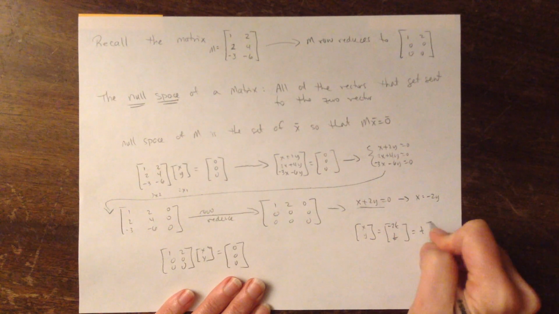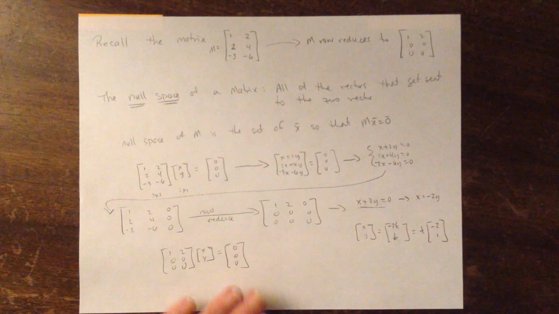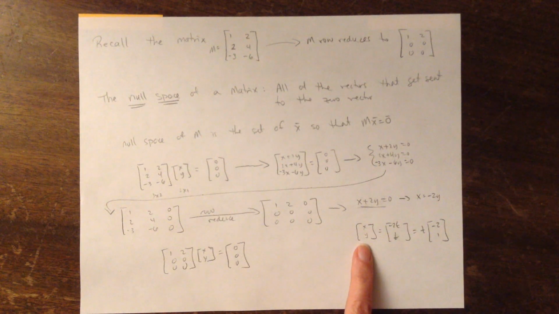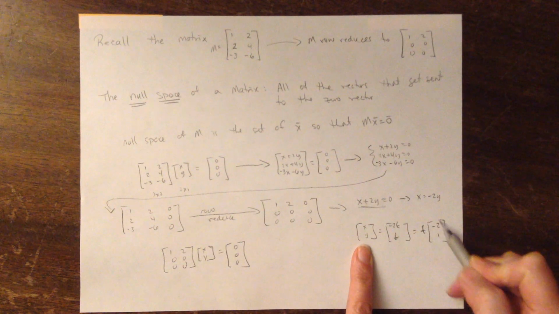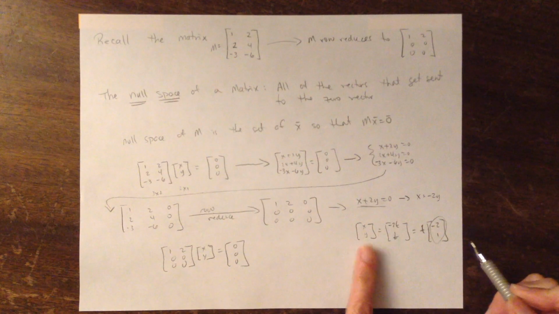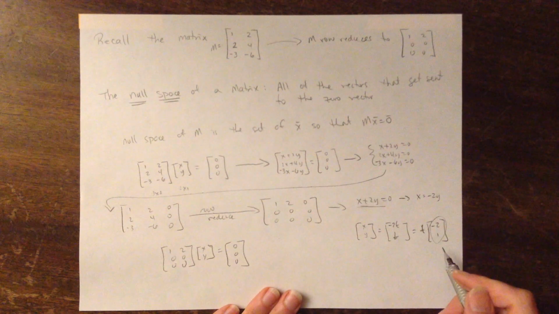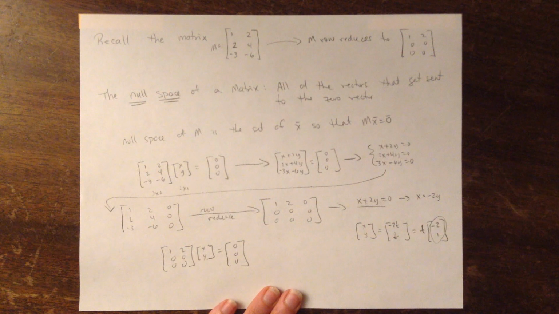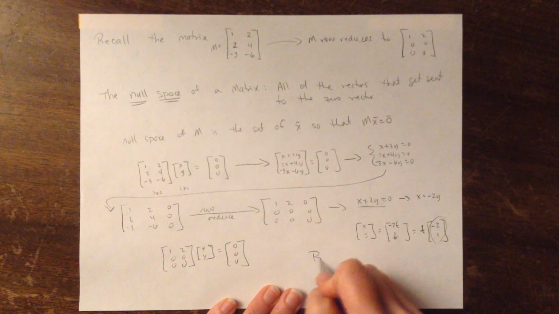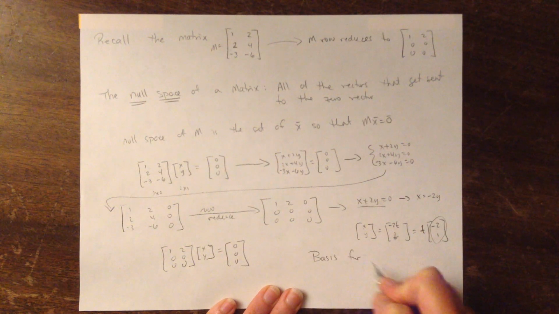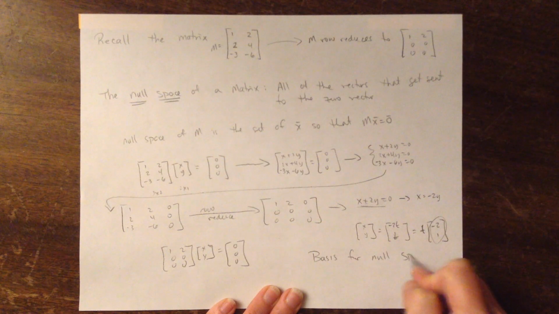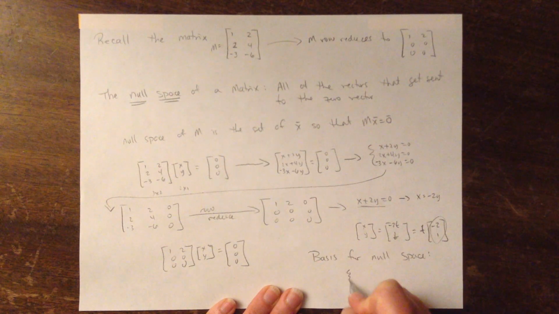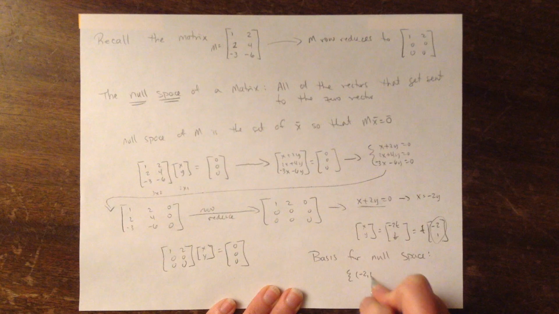And so I can factor out that t. So all the vectors that are in the null space look like a constant multiple of this vector, negative 2, 1. So just that vector negative 2, 1 is a basis for the null space. This is going to be the set that just contains the vector negative 2, 1.